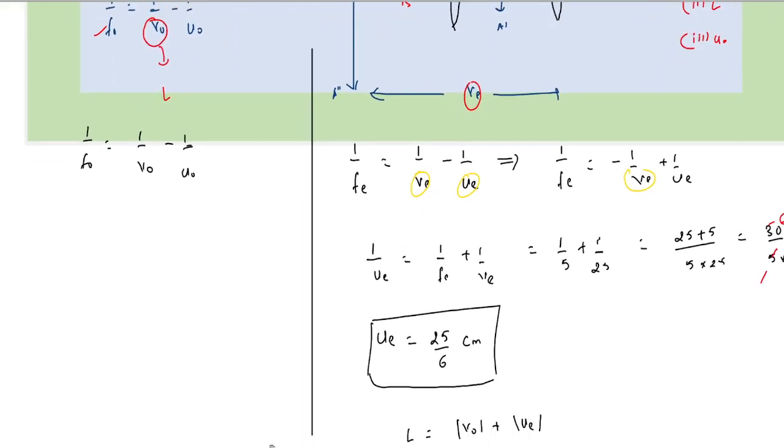With that in mind, 1 by F0 is 1 by V0 plus 1 by U0. Or you can just do it directly: bring 1 by U0 to this side, the same meaning. It's equal to 1 by V0 minus 1 by F0.